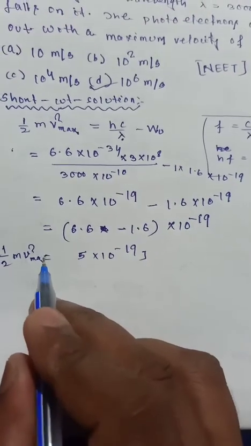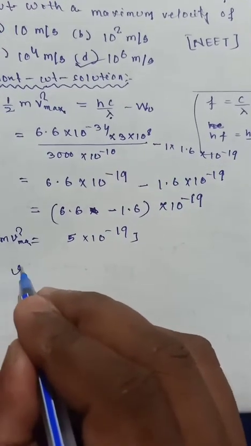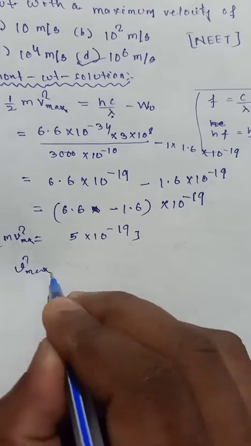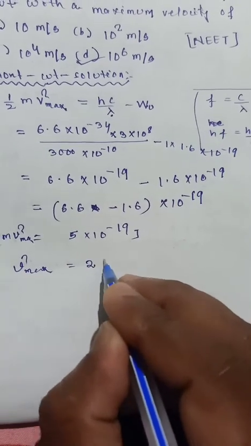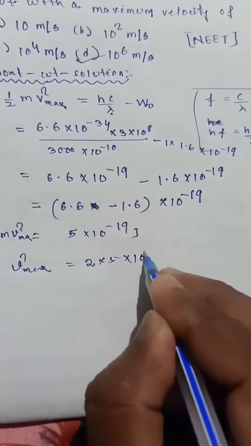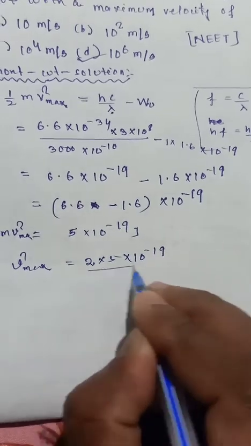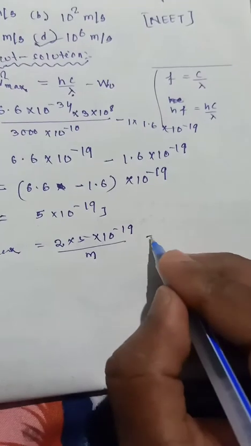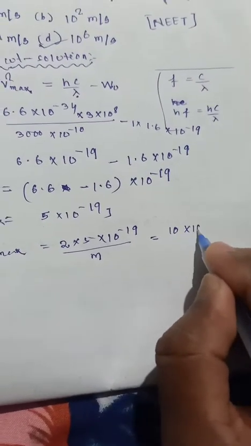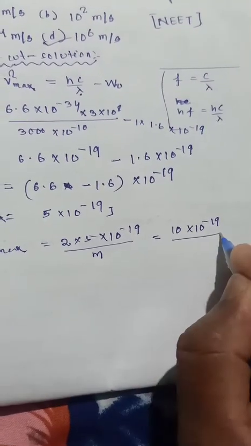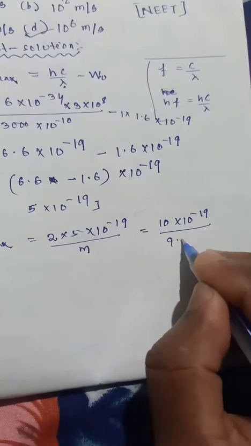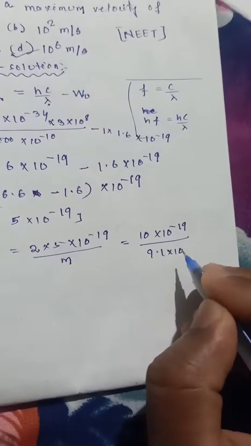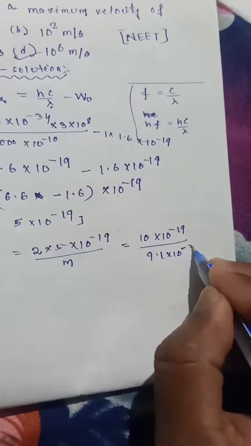Now we have to calculate the maximum velocity. Vmax is equal to the square root of 2 into 5 into 10 to the power minus 19 divided by mass, which is nothing but 10 into 10 to the power minus 19 divided by the mass of electron, 9.1 into 10 to the power minus 31.